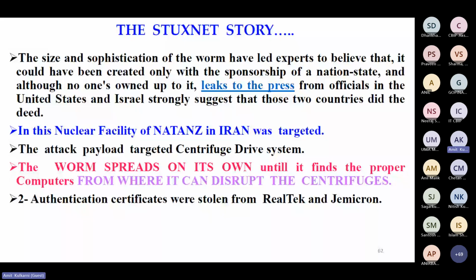And during this, the second type which followed was that it used certifications, which any software like Microsoft generally gets from certifiers saying that their software is okay with no flaws. Such certification was shown to be real, though it was fake, and all that was done by the malware. That was the second zero day. Like that, there were 4 zero days involved.